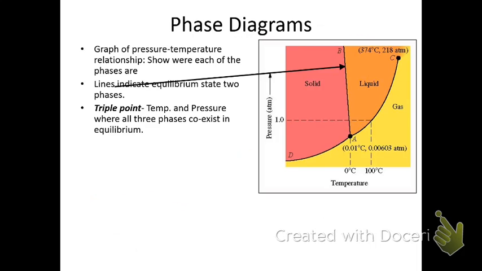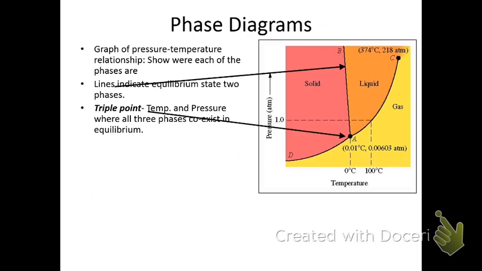Now, the triple point is a temperature and pressure where all 3 phases coexist. Almost every substance has a place where all 3 phases coexist in equilibrium. I have an arrow that points to this, and it's the part marked A on this graph.